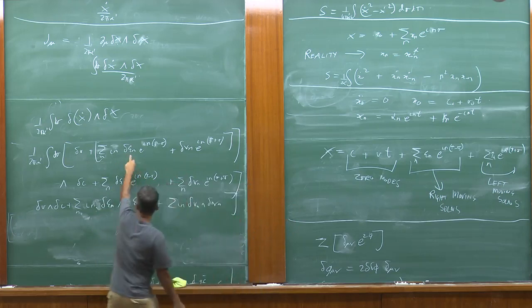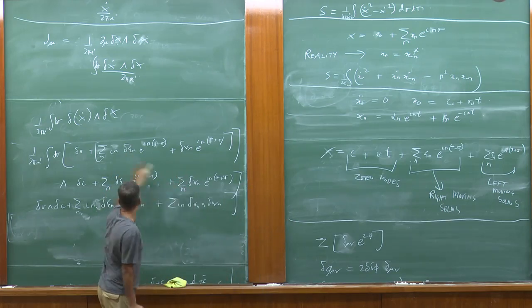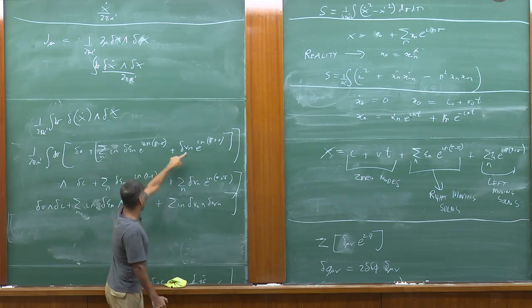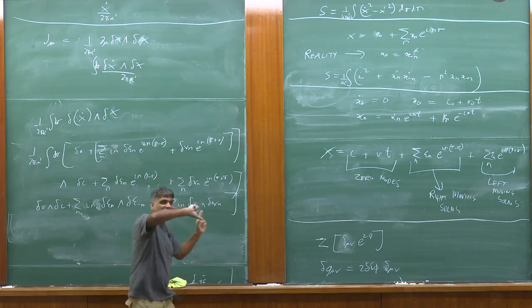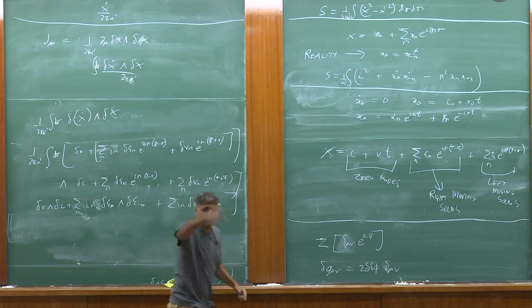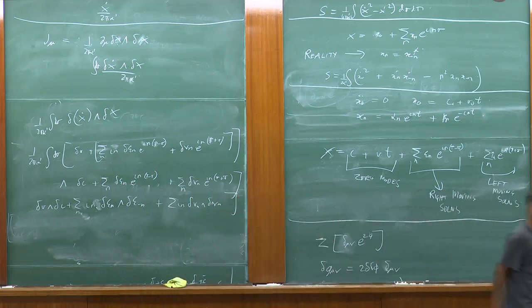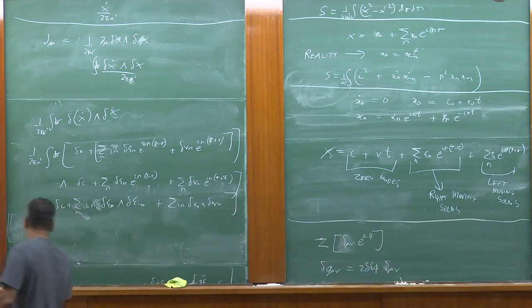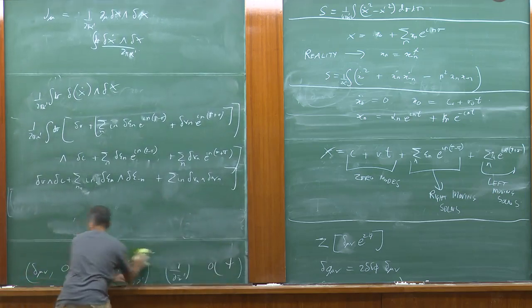We're going to get a delta zeta n wedge delta nu n from here, but also from here, and then there's the antisymmetry. So I'll leave you to check that it just cancels. So the symplectic form is non-zero only between right movers in themselves, left movers in themselves, and the zero modes.